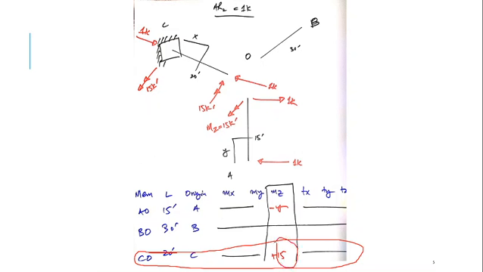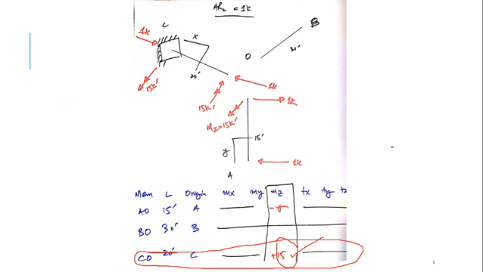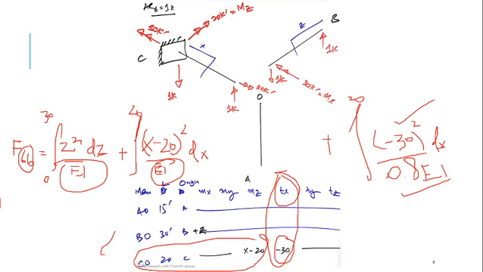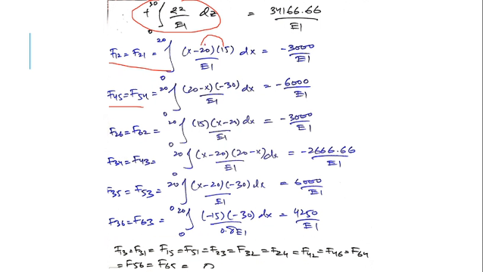It means the only term we'll get in F12 would be 15 multiplied by x minus 20 under the limit 20. No other limits, no other things. You can see here in F12, x minus 20 has been multiplied with 15.